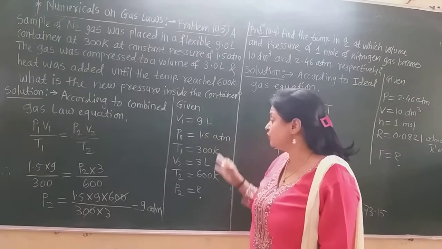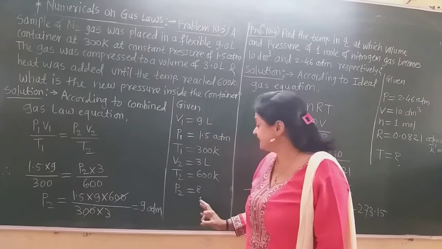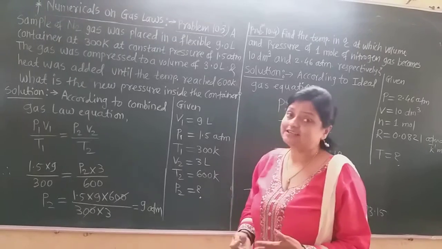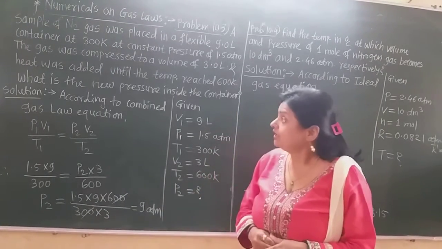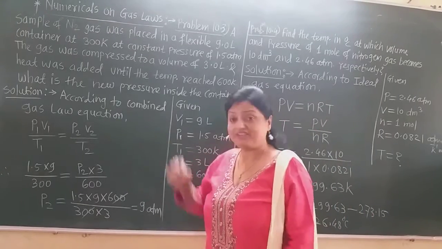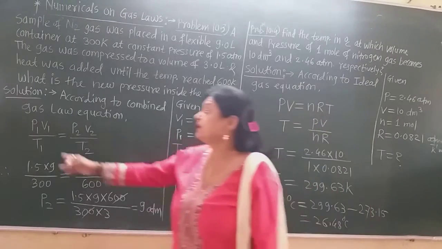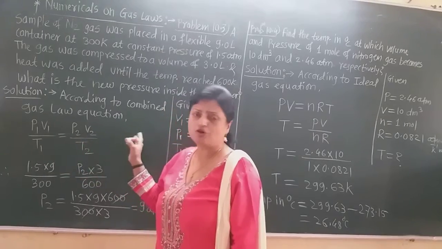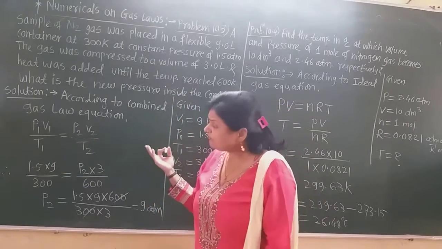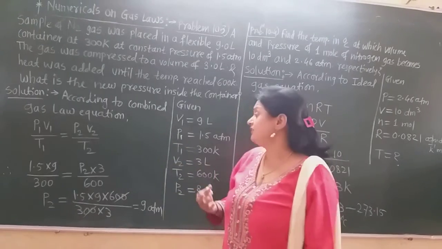Out of these six quantities, five are given and they ask us for the sixth. This numerical is on the combined gas equation. According to the combined gas equation, P1 V1 upon T1 is equal to P2 V2 upon T2 is equal to a constant. Now let us substitute the values.